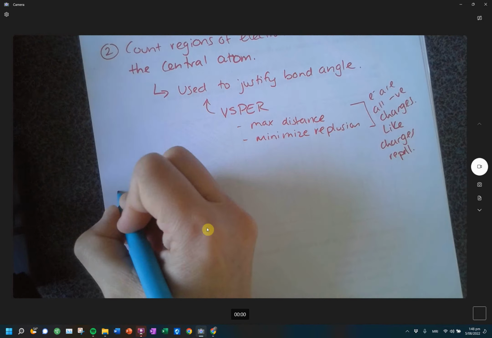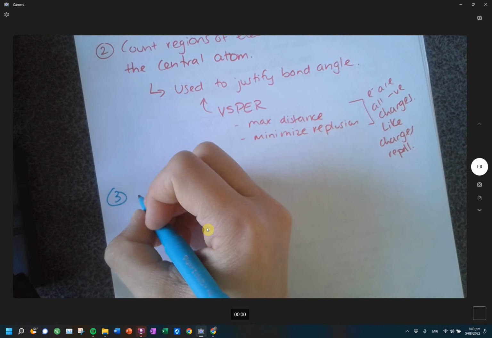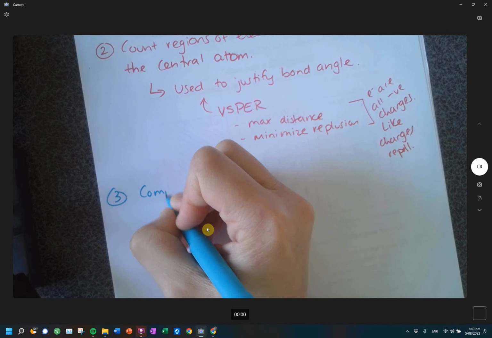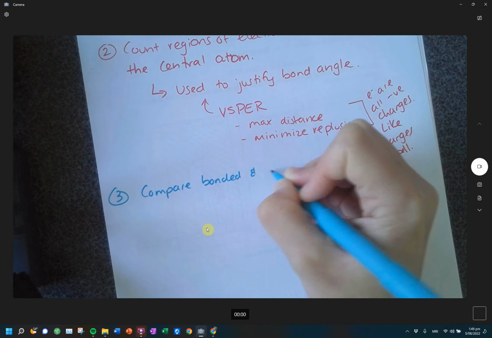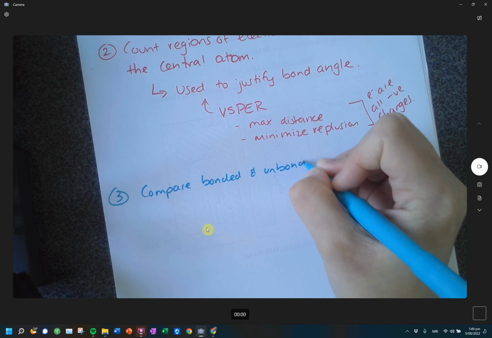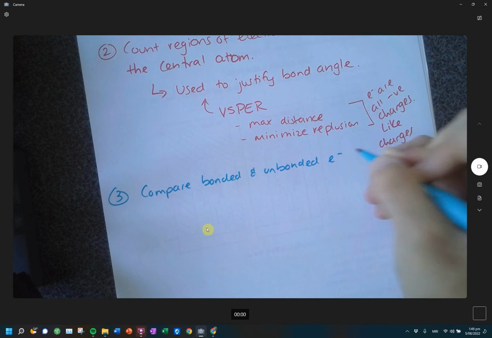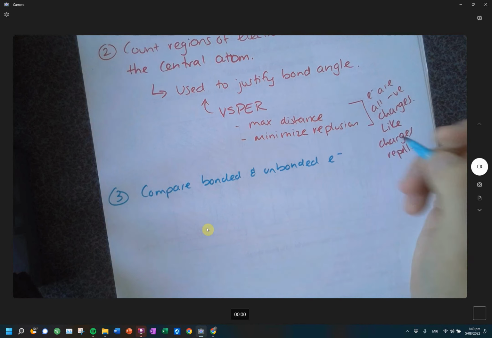So step number 3, compare bonded and unbonded electrons.